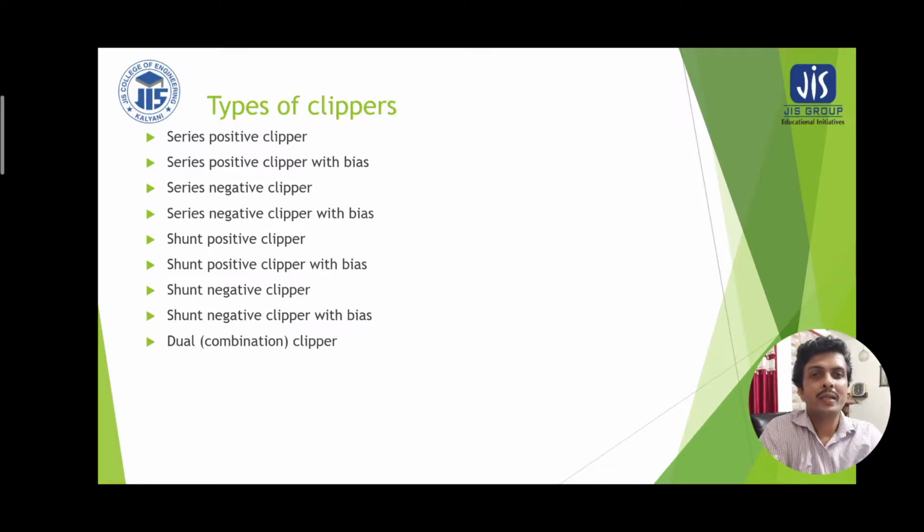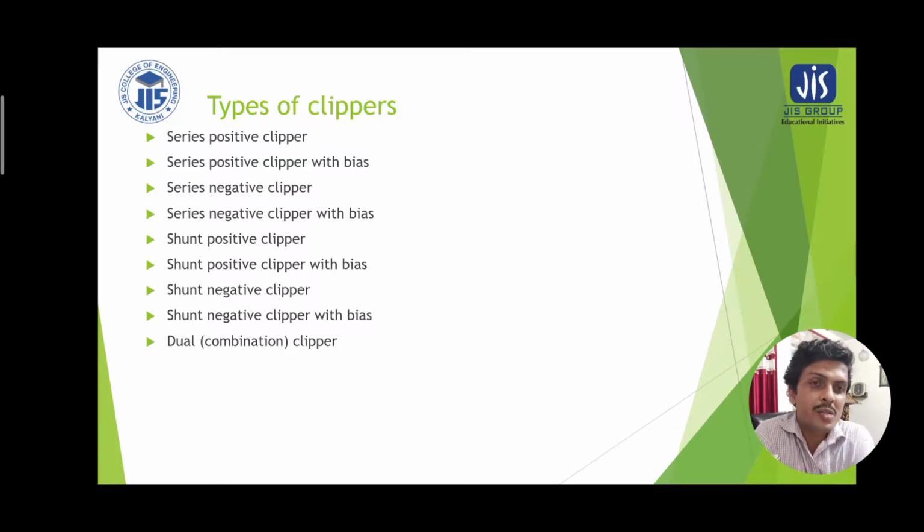Similarly, there is a series negative clipper, where the negative half cycle is completely removed because no bias is written. But in the fourth line, the series negative clipper with bias, the bias voltage is applied and it is a negative clipper, so the negative half cycle is not completely removed; partial removal has occurred.